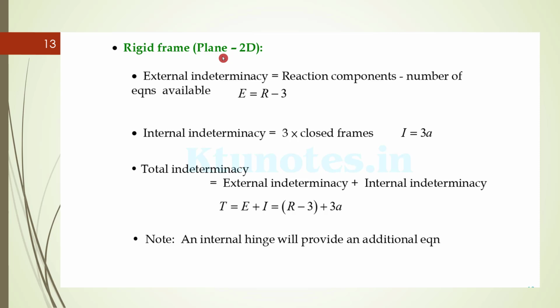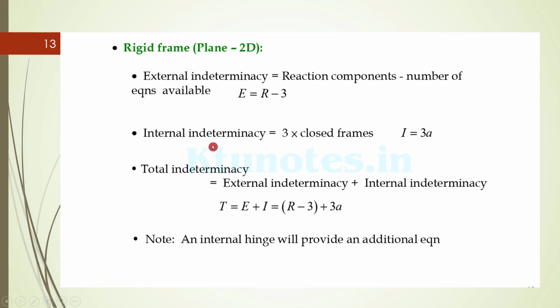For finding the total indeterminacy, it is actually a combination of the external indeterminacy plus the internal indeterminacy. External indeterminacy is calculated like the previous one. It is total unknown reactions minus 3, which are the basic equilibrium equations.